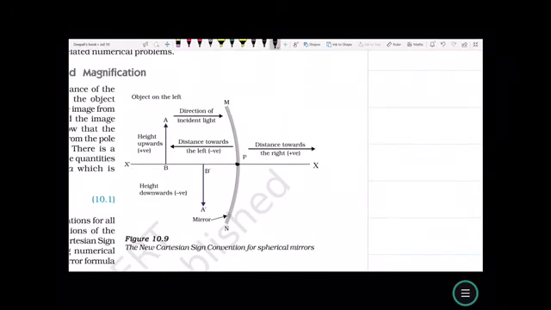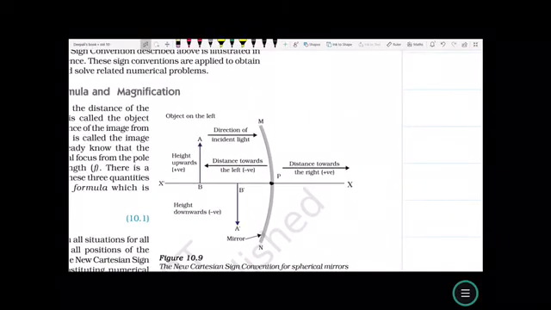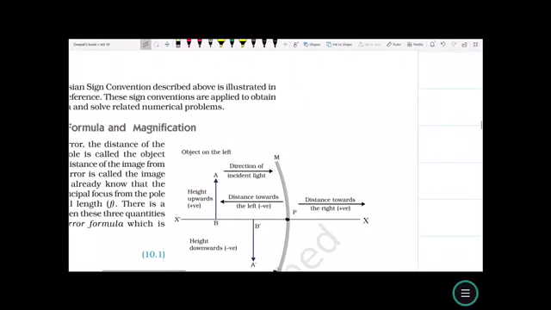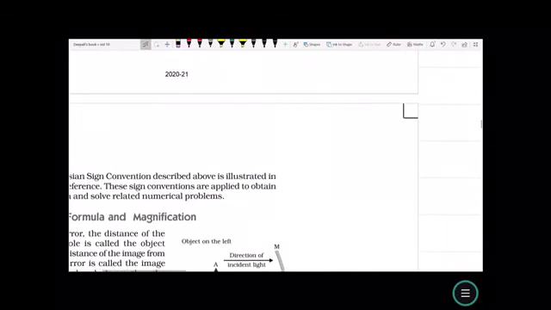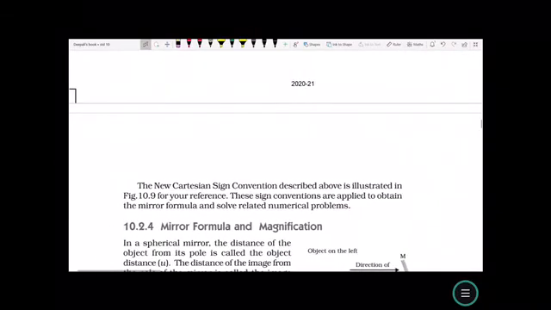According to the number line, as we move from left to right, the numbers become positive, and when we move from right to left, the numbers become negative. So from the pole, moving from left to right the numbers will be positive, and moving from right to left they will be negative. Now the incident ray will have a positive value and the reflected ray will have a negative value because it is moving away from the pole.